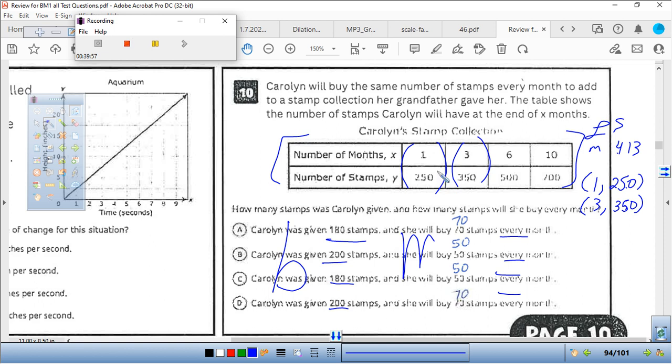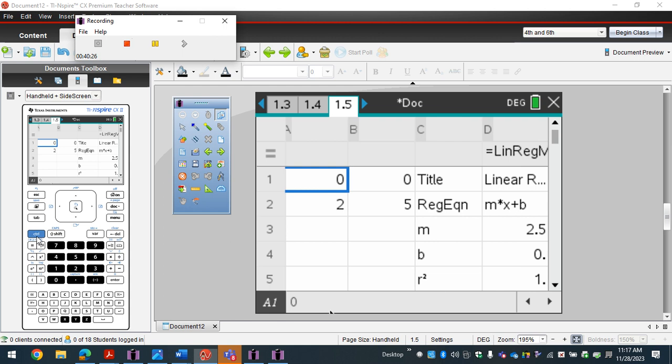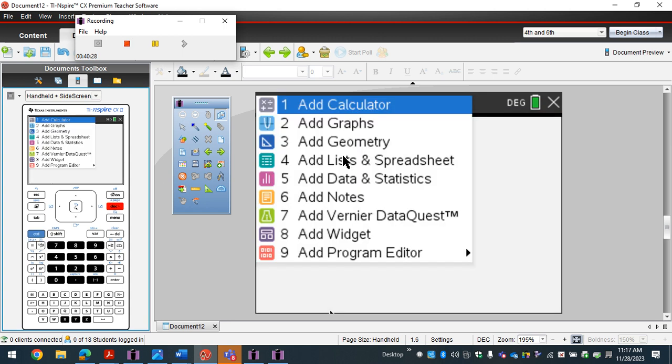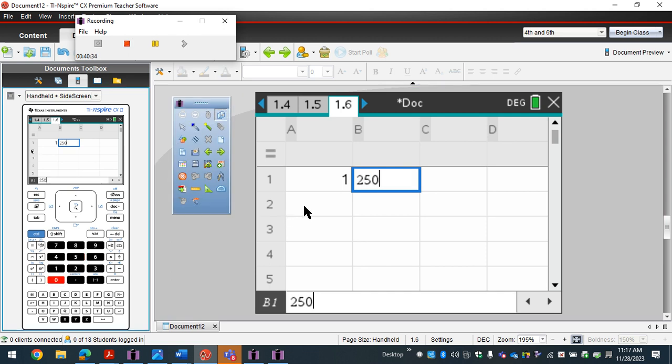We're going to go 1, 250, and 3, 350. 1, 250, and 3, 350.